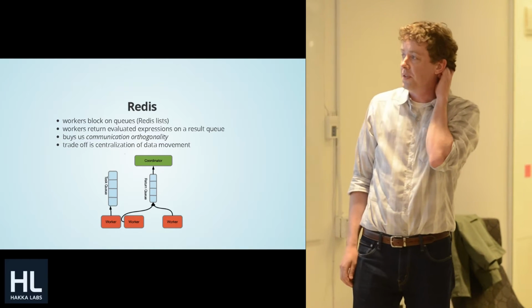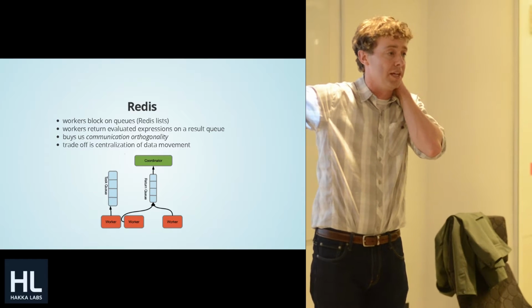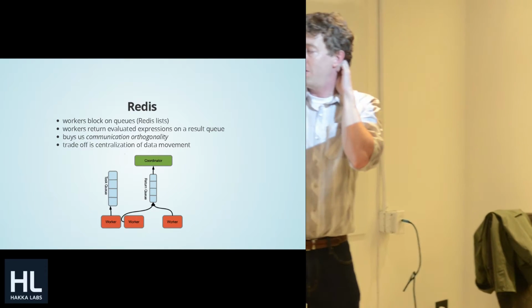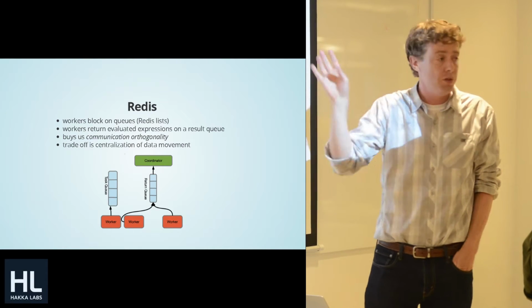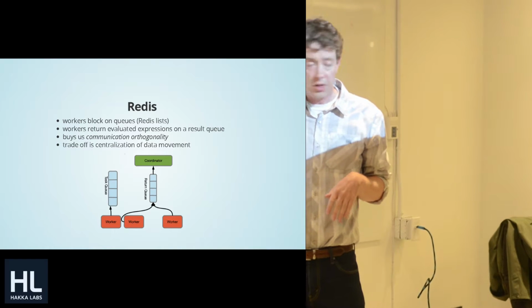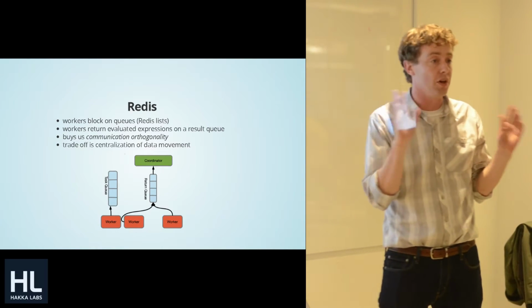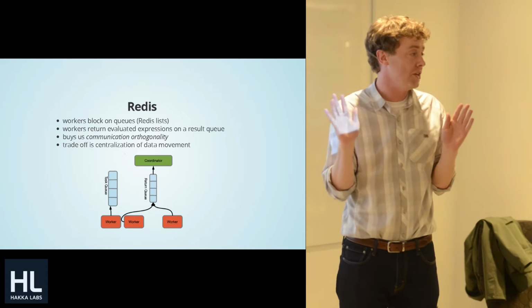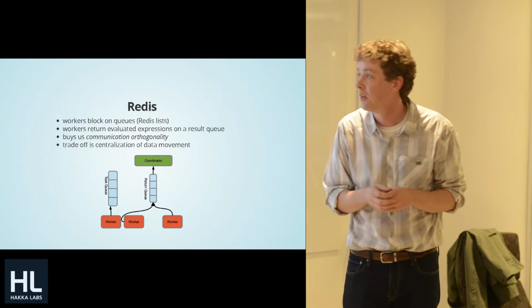The problem is that by doing this, we're essentially centralizing data movement. In this case, it wasn't as big a deal because all of the data is going back to the coordinator. But if workers need to start talking to each other, that would mean we need new queues, which means more use of Redis. And if there's a lot of communication between the workers, then Redis essentially becomes the bottleneck.